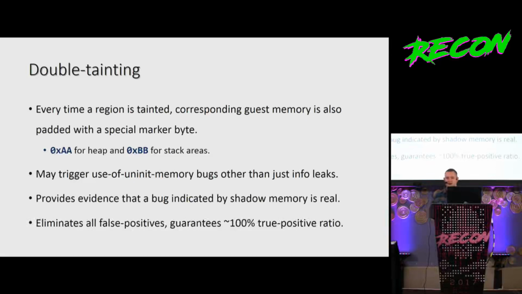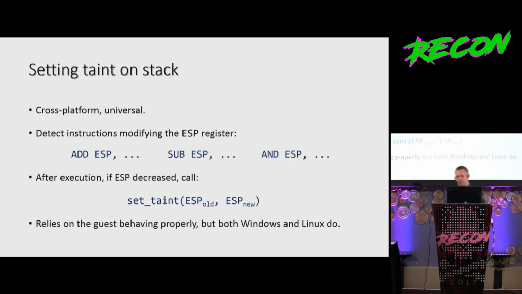First of all, we may actually see some bugs which are not related to just memory leaks, but regular usage of uninitialized memory. It provides us evidence that the bug indicated by shadow memory is actually real, because we can see that the bytes that were set during allocation are still set to this original value at the time of the leak. And thanks to this, it also eliminates almost all false positives that we can think of.